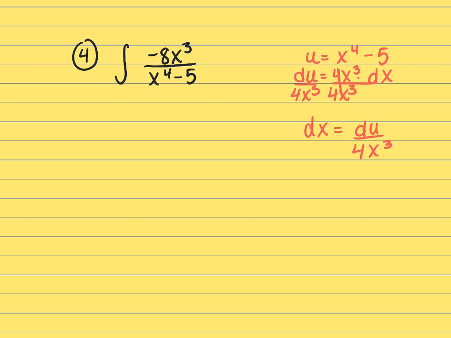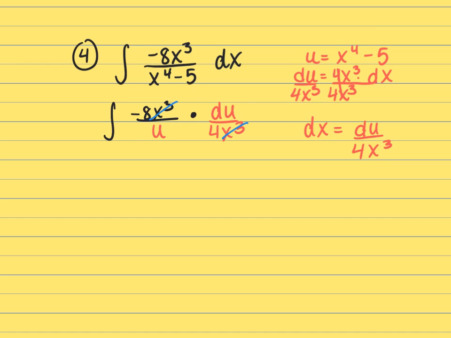So we go back to the original problem, and we have negative 8x to the third over u. Oh, I'm sorry, I forgot to put the dx here. So then my dx, I'm plugging in, is du over 4x to the third. Now what you should notice is that the 4x to the thirds cancel, and negative 8 divided by 4 is negative 2.